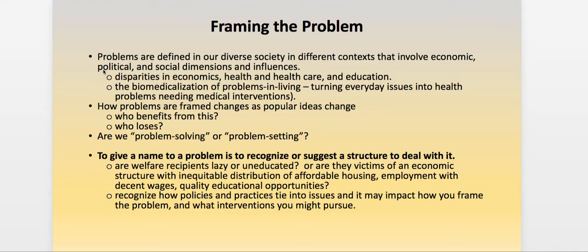When really their condition of poverty probably has very little to do with their employment status, as many of those individuals are already working anyway. But that's the popular definition of this, and of course, politically that's very popular for conservative leaders, and it helps them get votes and that kind of thing.